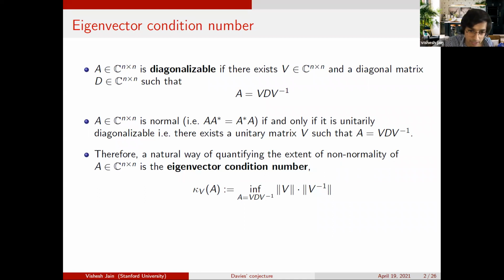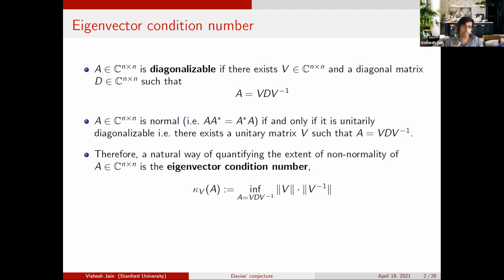One way you can do that is by means of the eigenvector condition number. What is this quantity? Let's say I have a matrix A, and let's say it's diagonalizable. If the matrix is not diagonalizable, then you're taking the infimum over an empty set, so it's infinite.